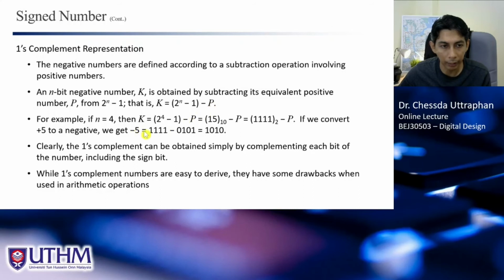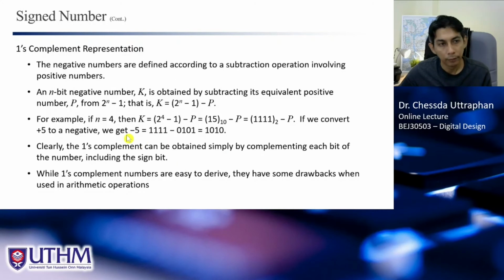For example, number 5: 2 to the power of 4 is 16, minus 1 is 15, minus p is 5, so we have 1010. So this is the first complement. But the easiest way is to just complement every bit of number 5, then you can easily get this.